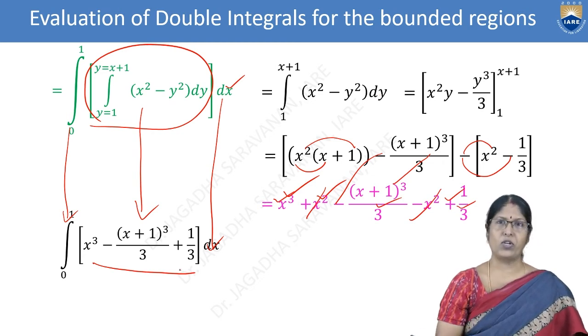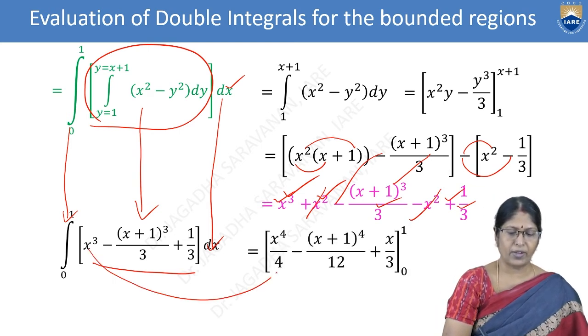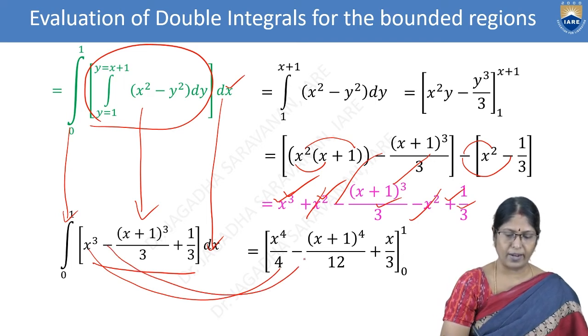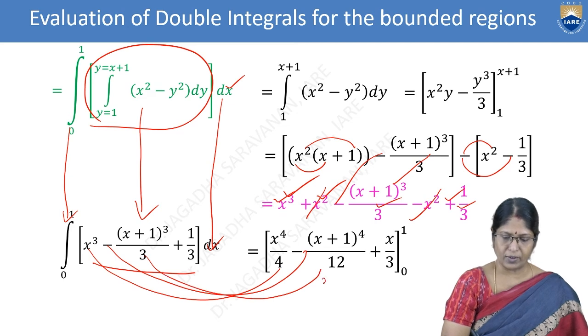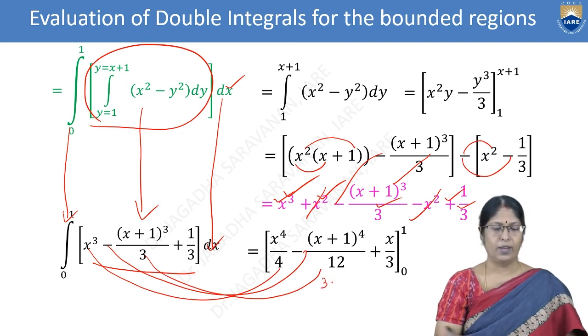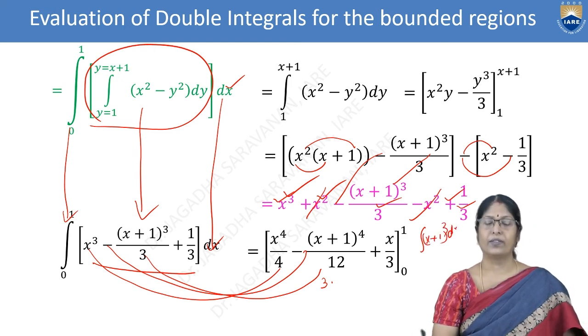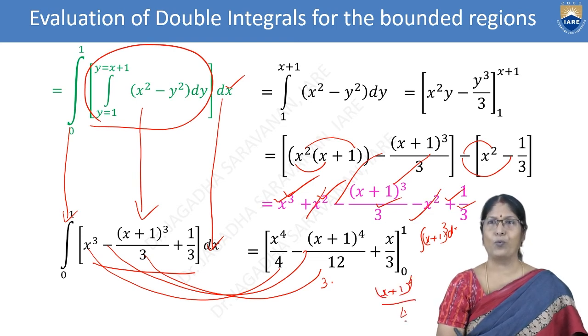Now for the outermost integration, the integral of x cube is x power 4 by 4. This minus sign as it is. This 3 is also written here, into the integral of (x plus 1) the whole cube dx, that is (x plus 1) the whole power 4 by 4.